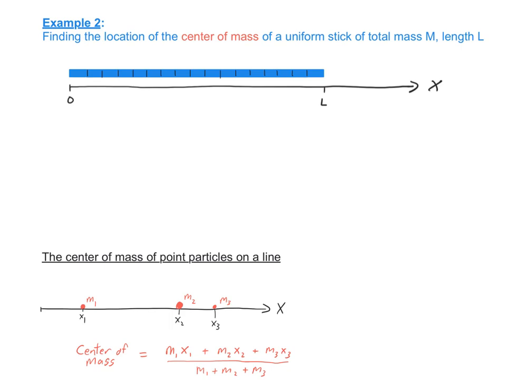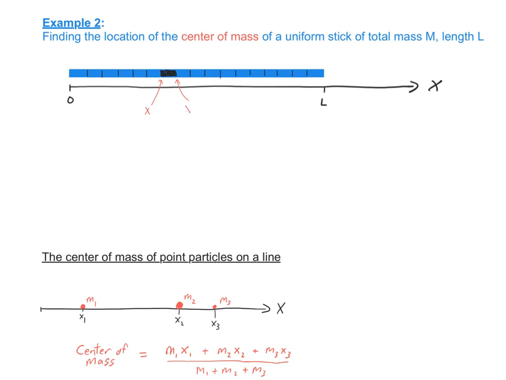So let me grab one of these pieces. I'm going to shade it in here so you can see it. So I'm going to focus on that little section here. Now, this is an arbitrary piece. Let me say that the location of the left end of this piece is, let's say, at x, and the right edge of that piece is a little bit farther over, because remember, this is a tiny little piece.